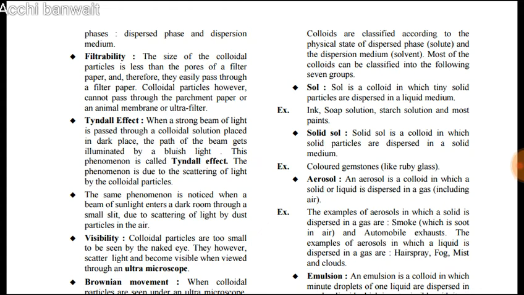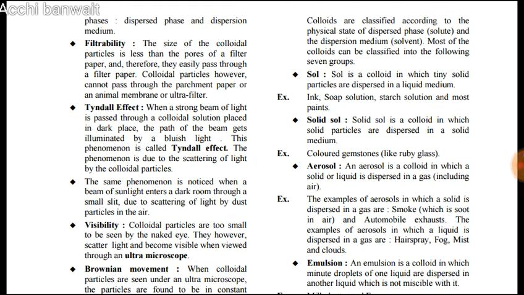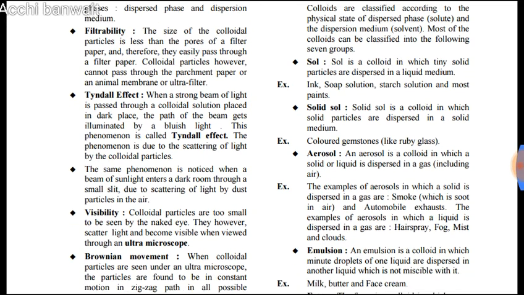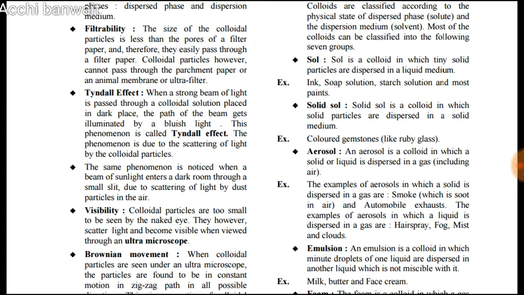Solid sol. Solid sol is a colloid in which solid particles are dispersed in a solid medium. An example is colored gemstones like ruby glass. Next is aerosol. An aerosol is a colloid in which a solid or liquid is dispersed in a gas, including air.